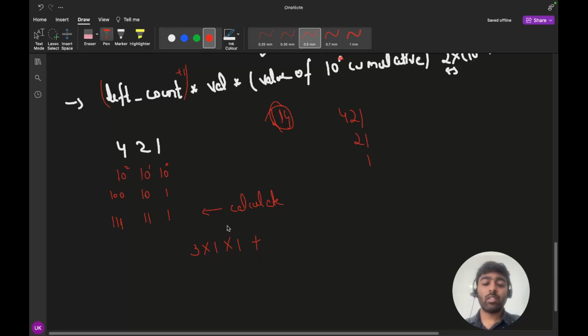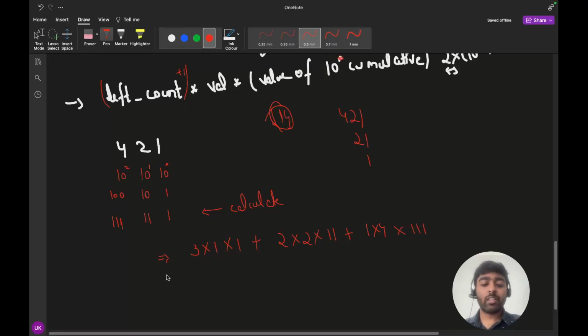Then for this 2, left count is, for this 2 we have only one number on the left, plus 1. So 2 into val is 2 into the cumulative, which is 11. Plus for this 4, left count is 0 plus 1, so 1 into value is 4 into the cumulative, which is 111.